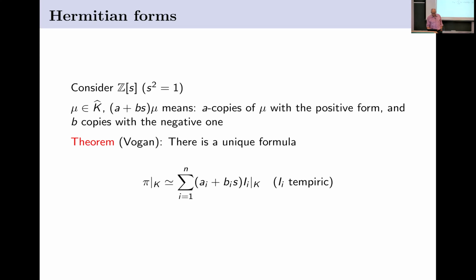And Vogan proved that there's a unique formula: on the left-hand side, I should have the form on this representation, and it has an expression like this. This is a refinement of the previous statement. You can also keep track of the forms by putting these coefficients in.